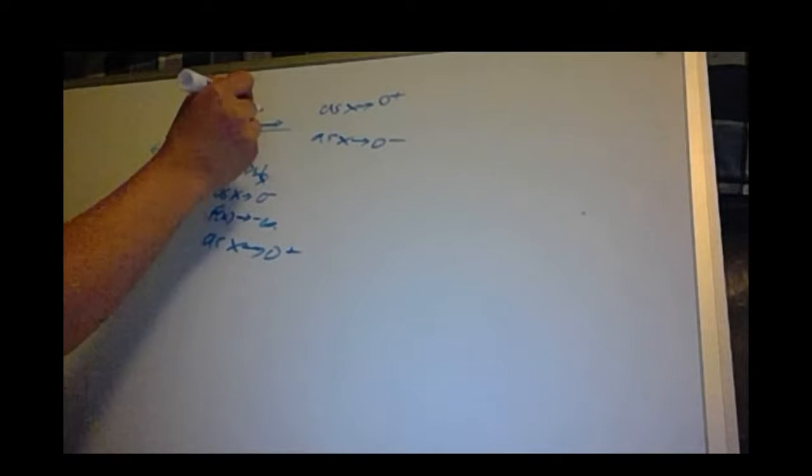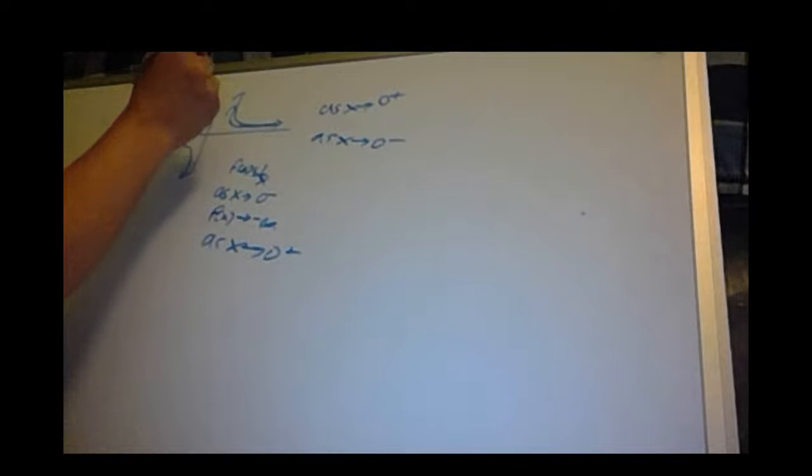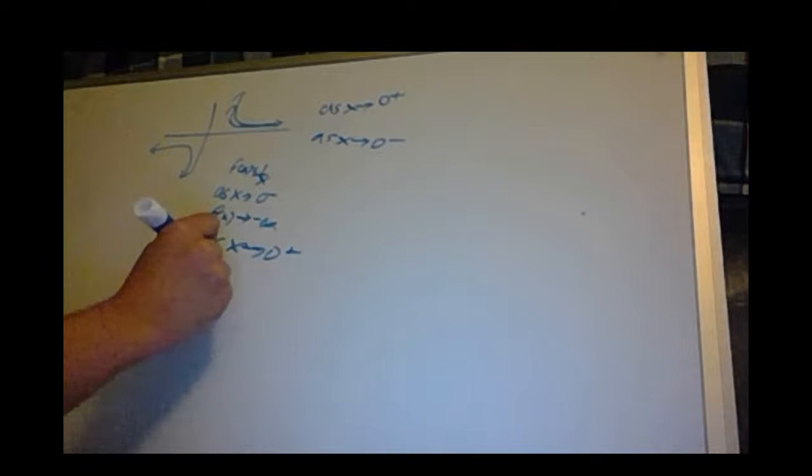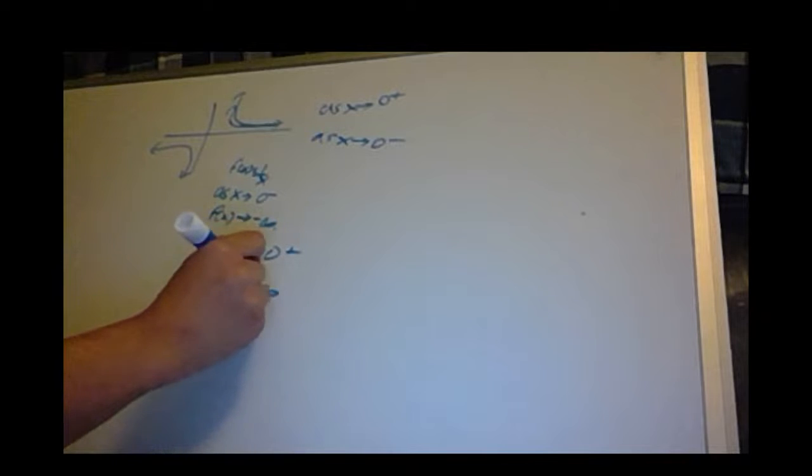As x approaches 0 from the right side, that means as x goes closer and closer to 0 from the right side, f of x approaches positive infinity, okay? That's what that means.